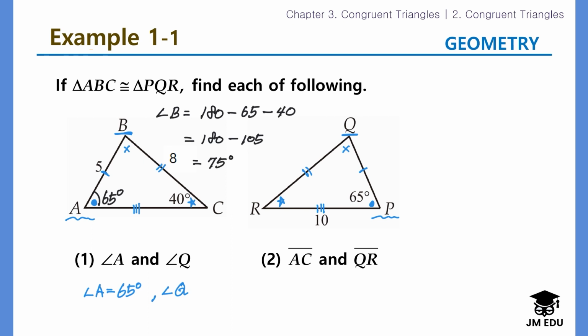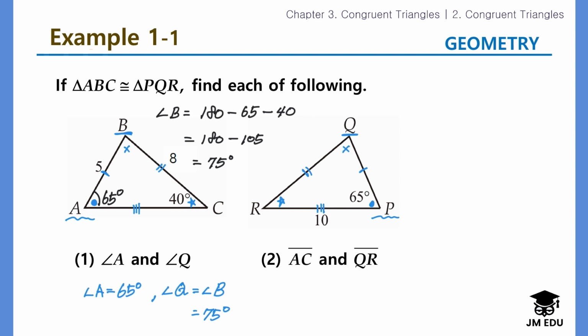So angle B is 75. And we also know that angle B is congruent to angle Q. So angle Q is equal to angle B, and that is equal to 75 degrees, right?